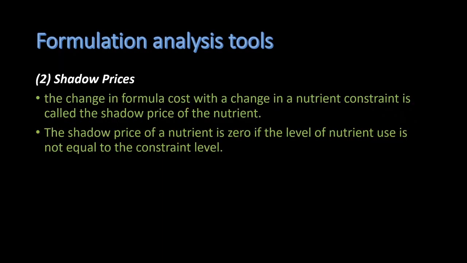So in case of nutrient, the change in formula cost with a change in the nutrient constraint is called the shadow price of the nutrient. The shadow price of a nutrient is 0 if the level of nutrient use is not equal to the constraint level. So we have a shadow price both for the ingredient and for the nutrient.